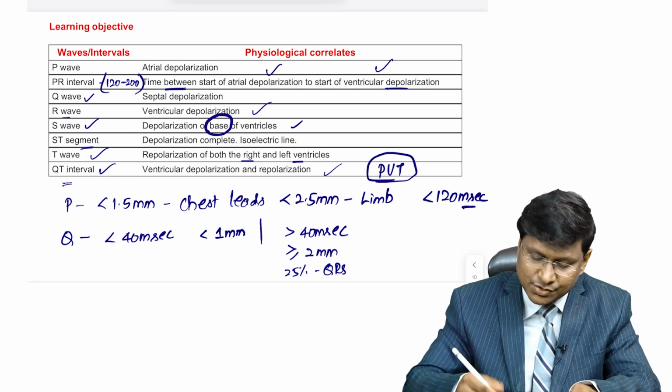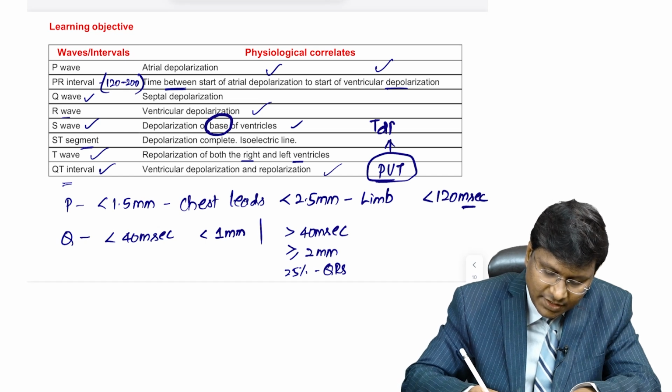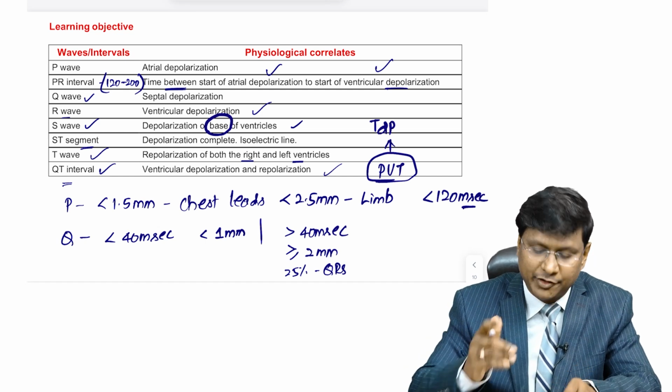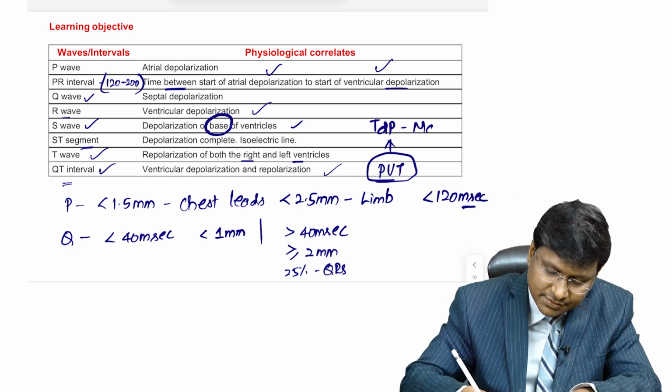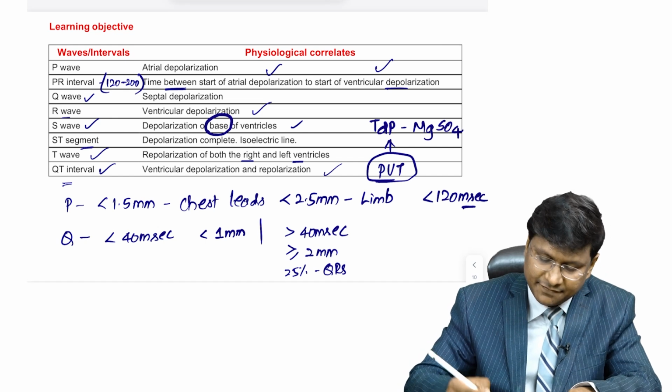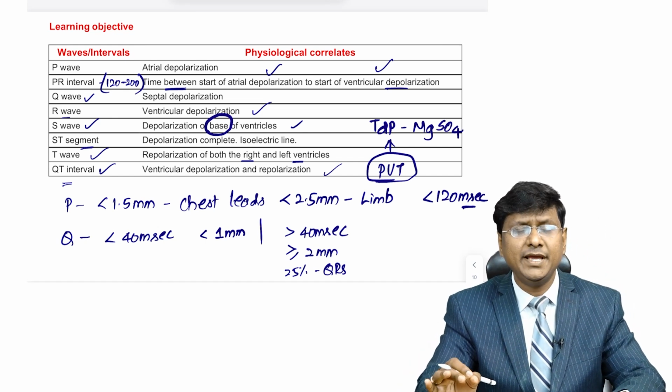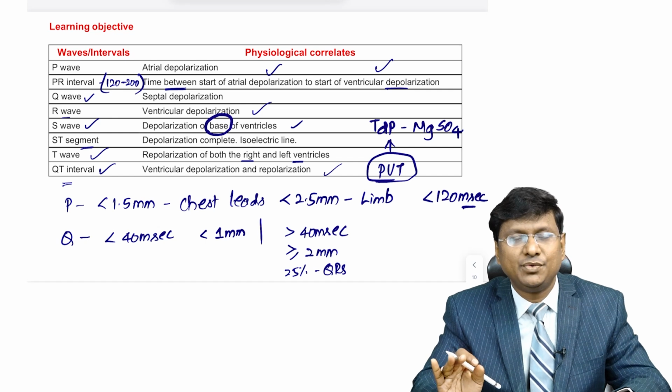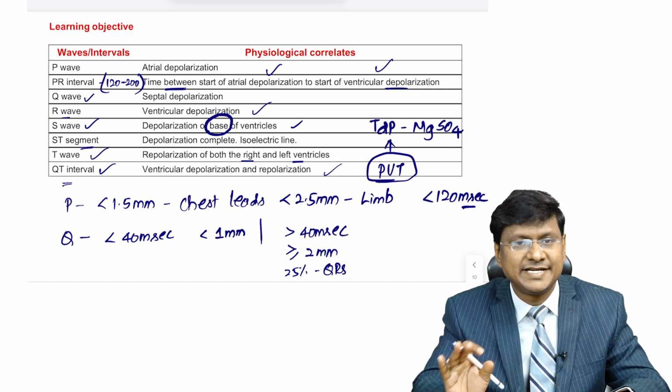So in case of Torsades de Pointes, what is the drug of choice? The drug of choice is magnesium sulfate. That is what you need to give in case of Torsades de Pointes.